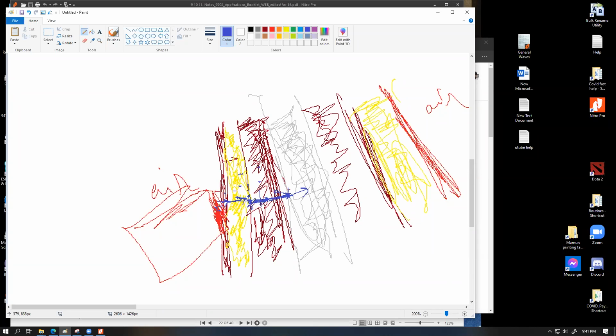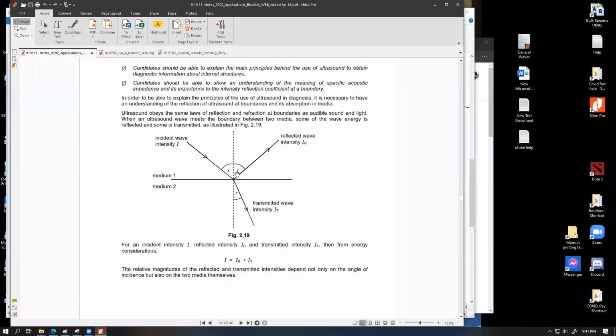A certain portion will be transmitted and a certain portion will be reflected into this section, which we cannot detect. So the moment any wave undergoes a medium change, this happens: a certain part is reflected, a certain part is transmitted.